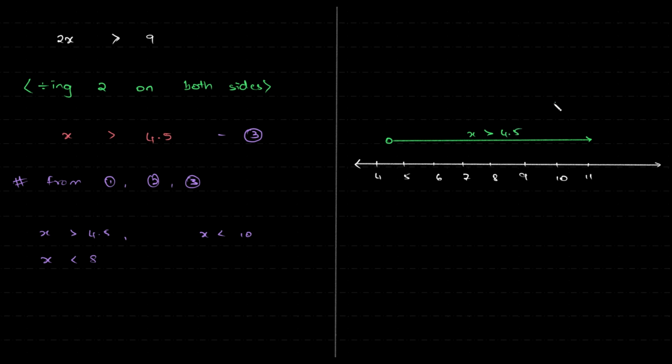So 10 is over there, and in this direction x is less than 10. Then we have x also less than 8. So which region are we looking at? Quite simple. It's somewhere from 4.5 till 8. In this region we can see all the lines passing through. So this set of values will satisfy the given conditions.